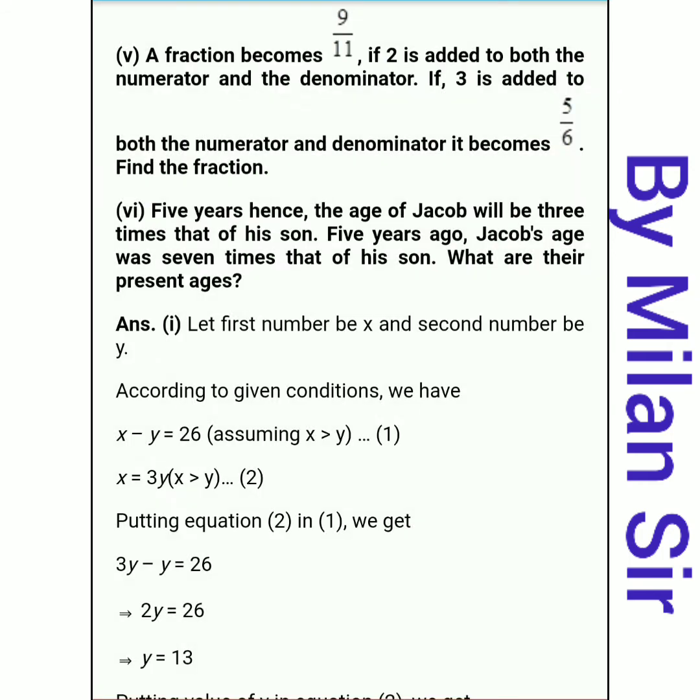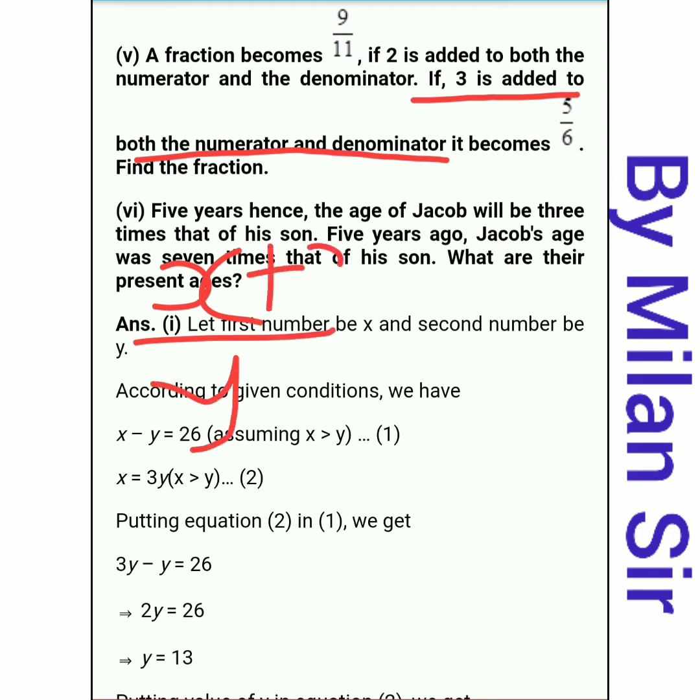Then for the second equation, read the second line: if 3 is added to both the numerator and denominator, it becomes 5 by 6. So our original fraction is again x upon y.